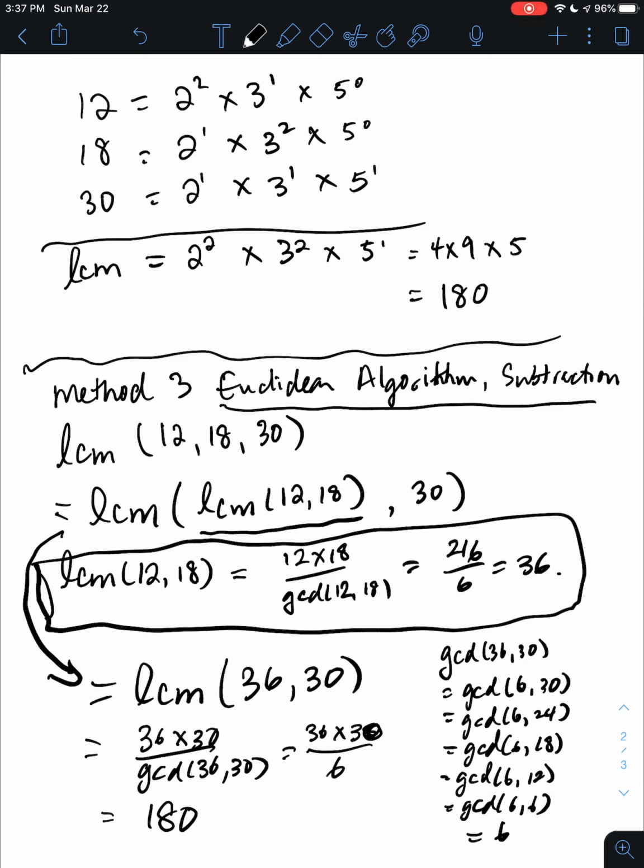Okay, so that is how I suggest that you calculate the LCM of three numbers using the Euclidean algorithm, is to break it into two number steps. So I figure out the LCM of the first two numbers, then I plug that result into my formula, find the LCM of that result and the third number, that gives me the correct final answer.